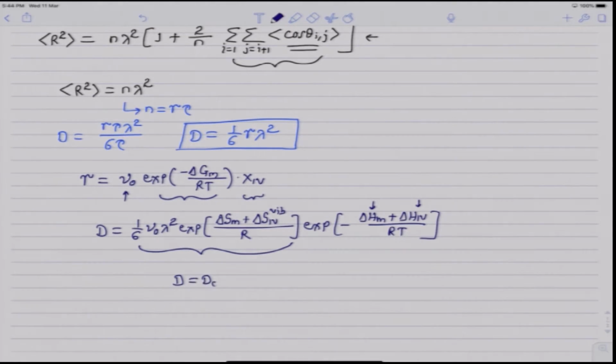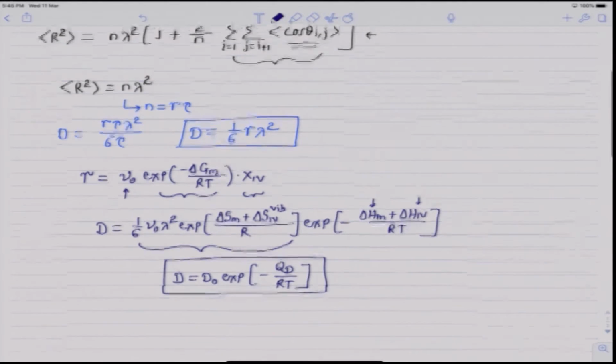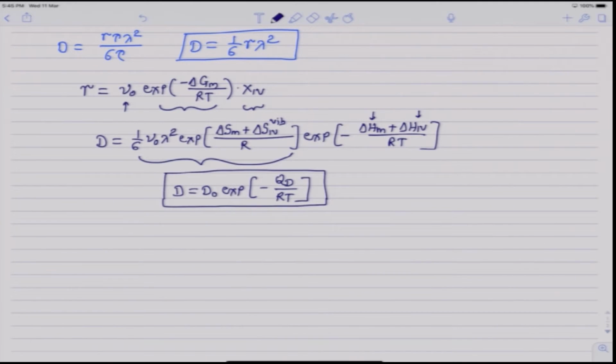So, we get the expression for D as D equal to D_0 exponential of minus (delta H_m plus delta H_1v, denoted as Q_D, the activation energy for diffusion) over RT, and thus we get an Arrhenius type of temperature dependence for the diffusivity term, which is obvious because diffusion is a thermally activated process.